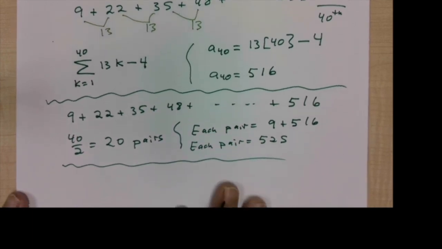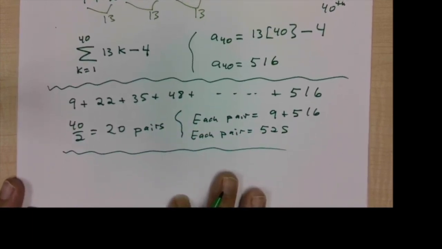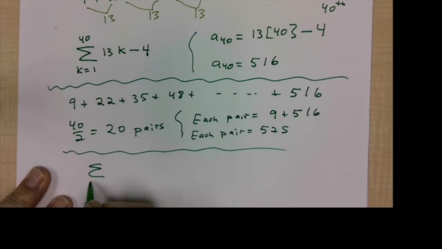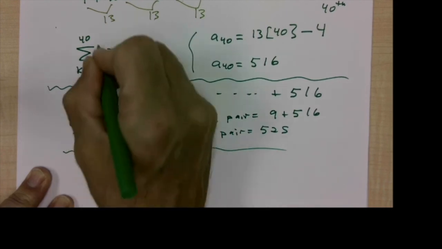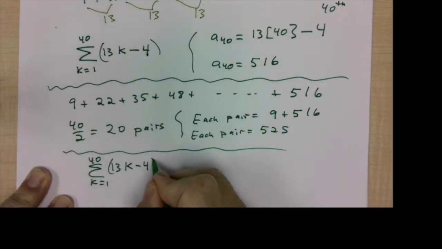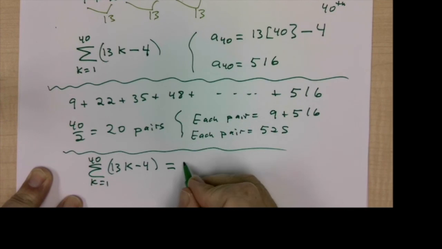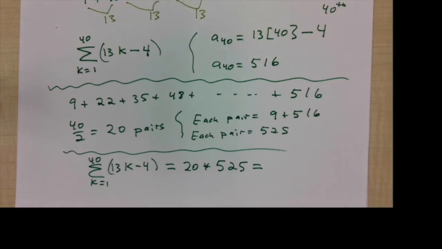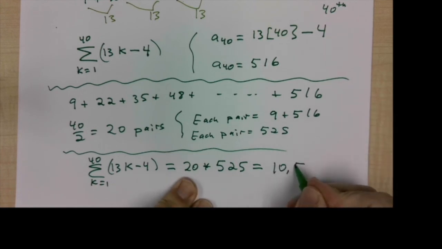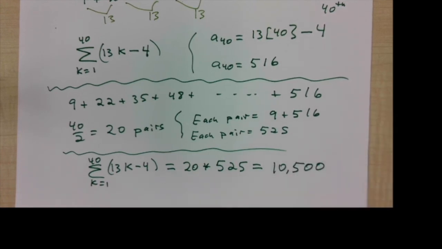We'll say the sum as k goes from 1 to 40 of 13k minus 4 is 20 pairs times each pair is 525, which gives me a total of 10,500. And that will conclude this.